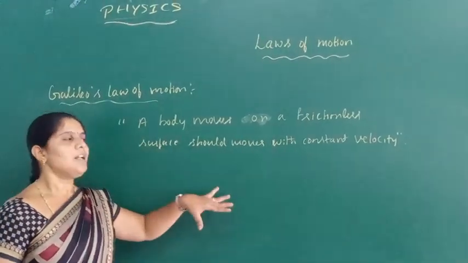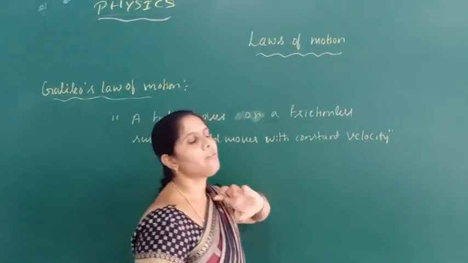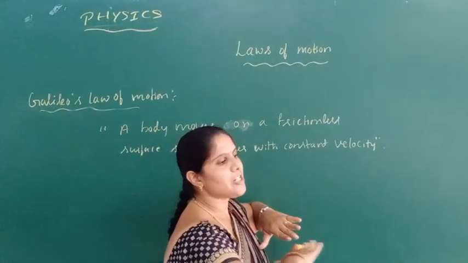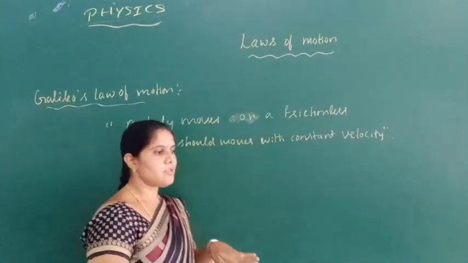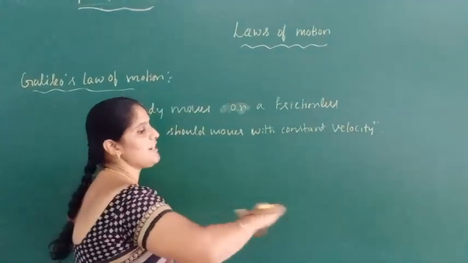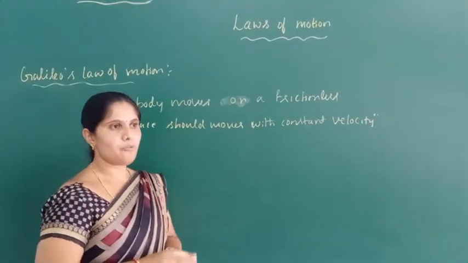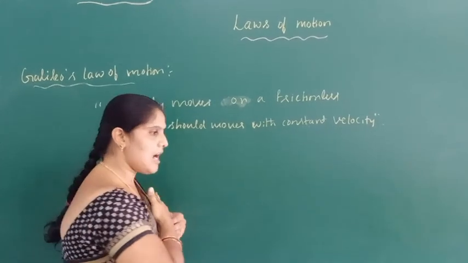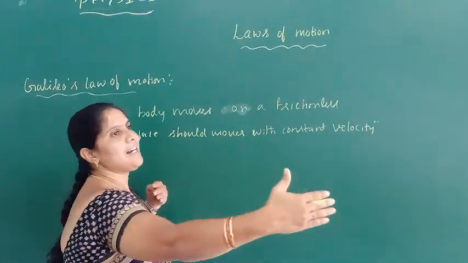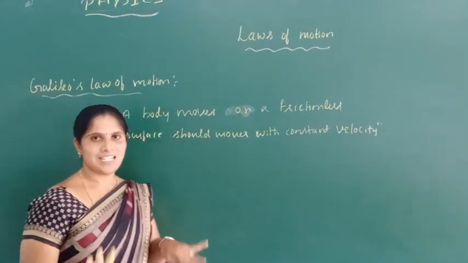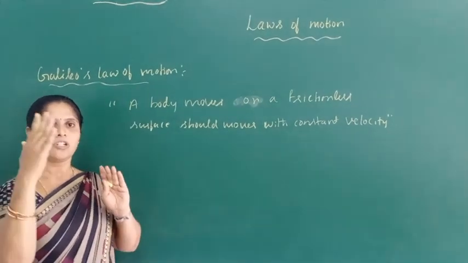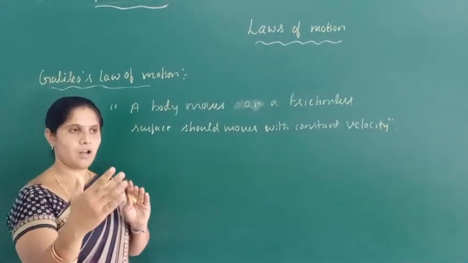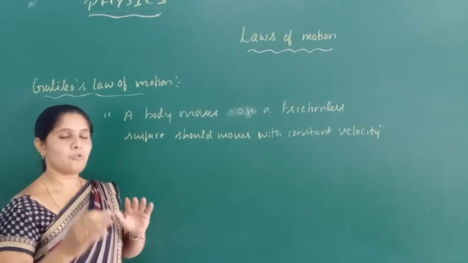For example, we can take the example of the motion of a ball on a frictionless surface. Suppose the ball moves over the frictionless surface. Once we push the ball, the ball starts moving and it does not come to rest until there is an opposition to the motion of the ball.